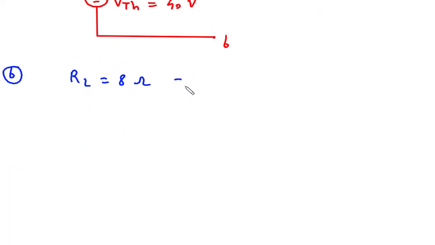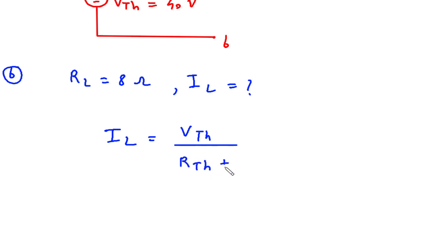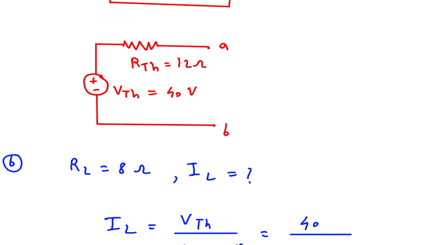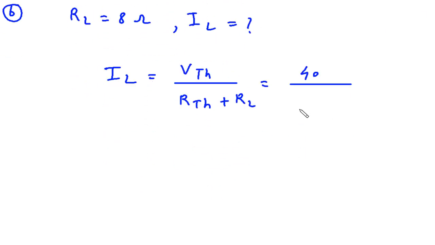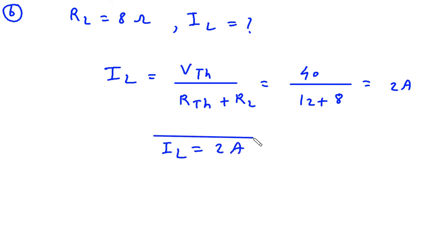Now IL is equal to VTh by RTh plus RL. VTh is 40 divided by RTh is 12 plus 8. So this will be 2 ampere. IL is equal to 2 ampere.